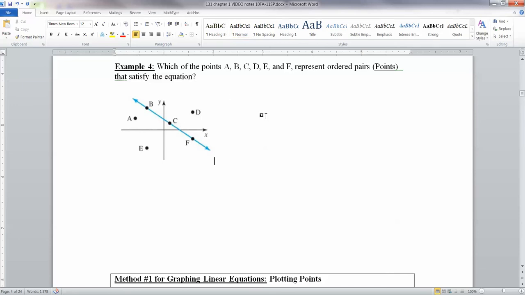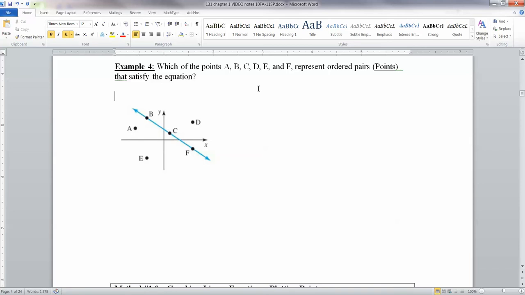So which ones satisfy it? Let's see. B, C, and F are on that line, so they would satisfy the equation. A, E, and D do not satisfy the equation because they're not on the graph of the line. If it satisfies it, it's going to be on the graph of that line.